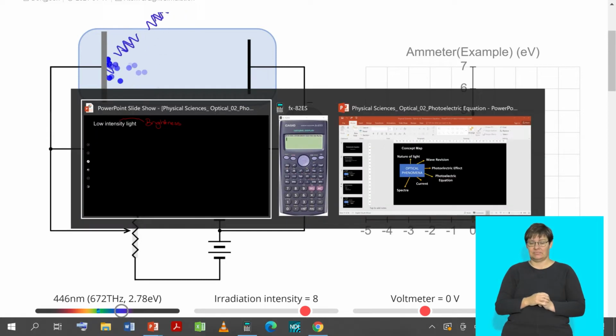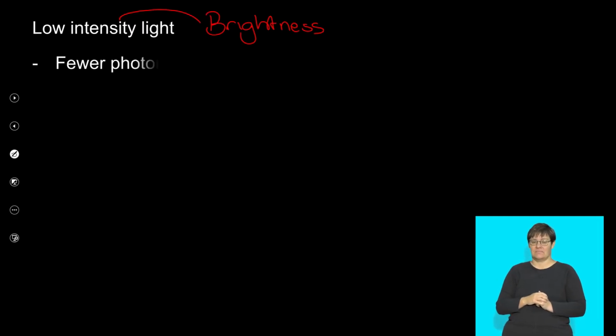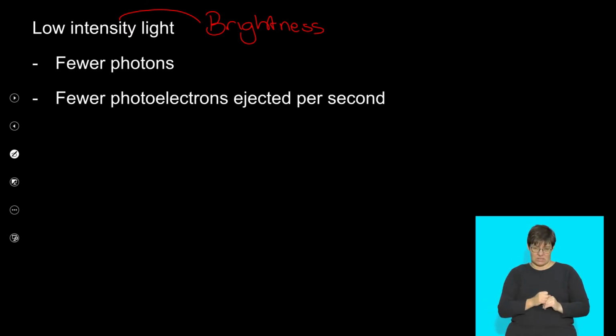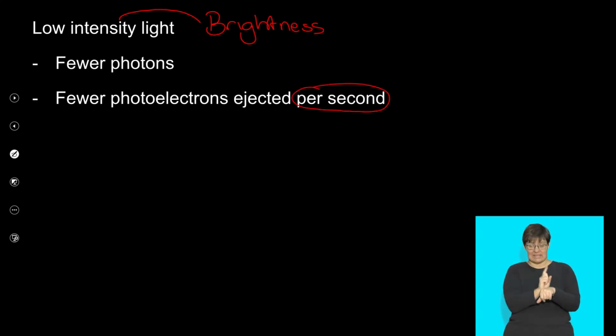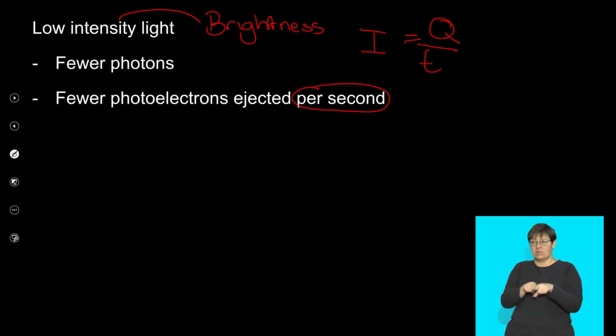So, here we go. If there's a low intensity, that means we have fewer photons because it's not as bright. If there are fewer photons, now watch, it's not about energy now, it's about electrons ejected per second, and it's the whole concept that current is charge over time. When we eject electrons, it's a charge that's moving.